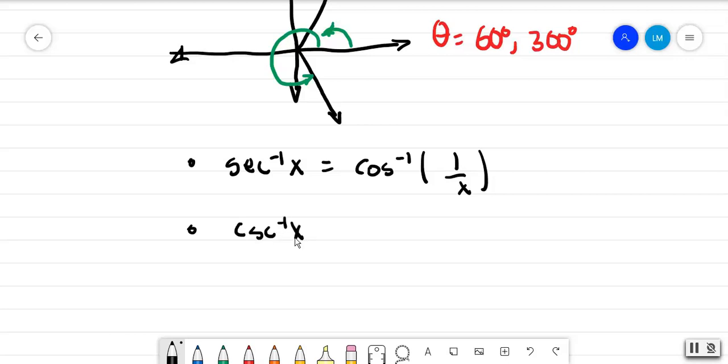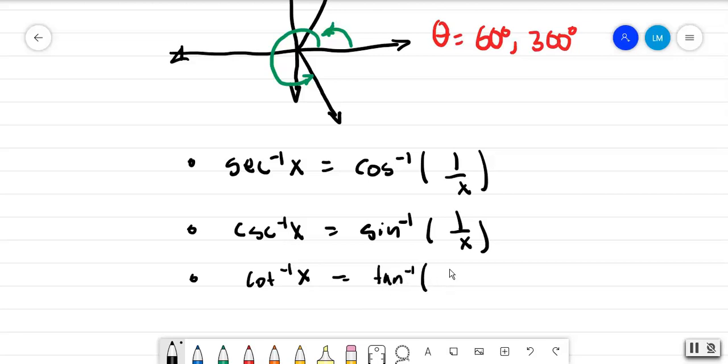Cosecant inverse of x is the same thing as sine inverse of 1 over x. And then cotangent inverse of x is the same thing as tangent inverse of 1 over x.